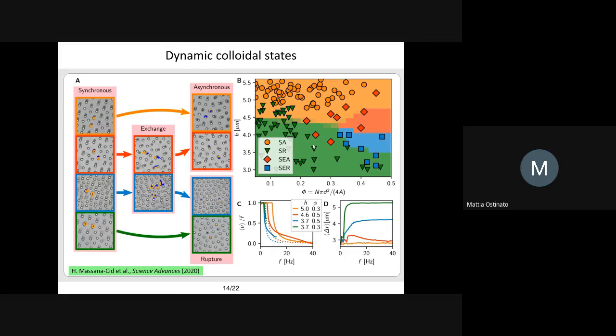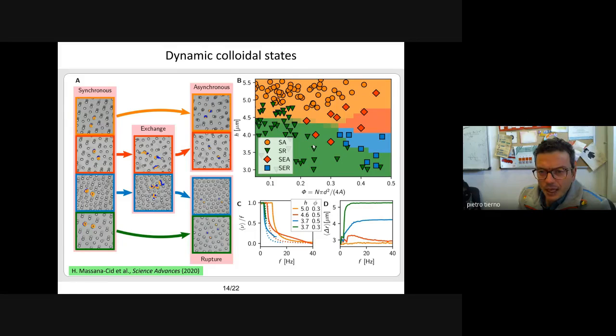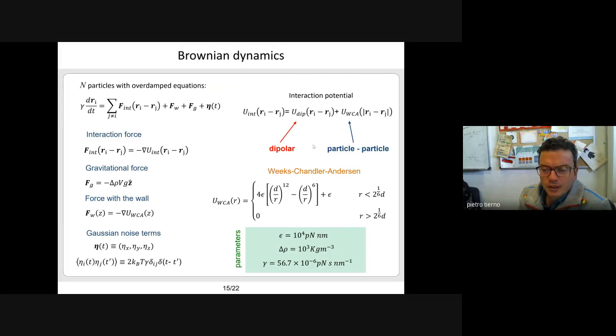Okay, perfect. Anyhow, this is the Brownian dynamics scheme that Antonio developed to characterize the system. It is an overdamped dynamics, so we don't have inertia in the system.